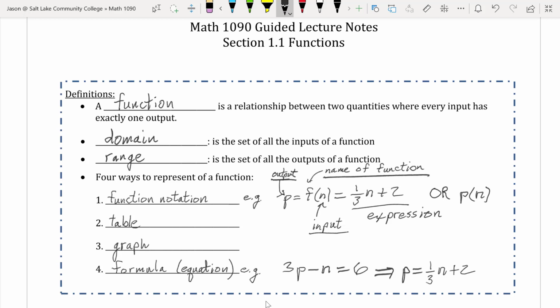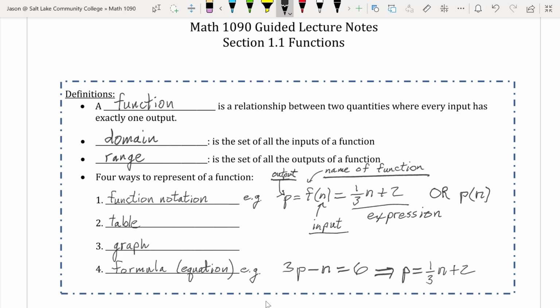And what we're doing here in this equation is defining a new function. We don't typically call this an equation, because what we're doing is we're just naming the expression. And the expression is how we define the function. So we're defining f of n to be given by the expression 1/3 n plus 2.